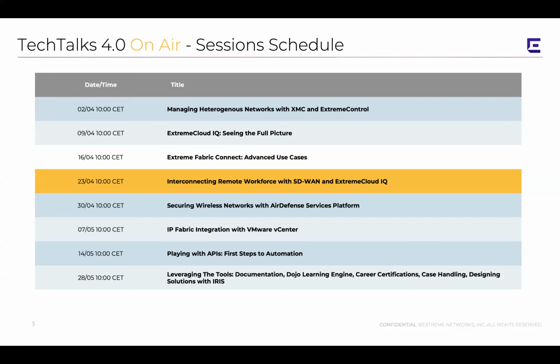This one is quite important right now. What technologies are there to seamlessly and securely, with the help of some automation, connect remote working people? We will take a look at things like Extreme Cloud IQ, and at the solution which we call the software-defined wide area networking solution from Extreme.